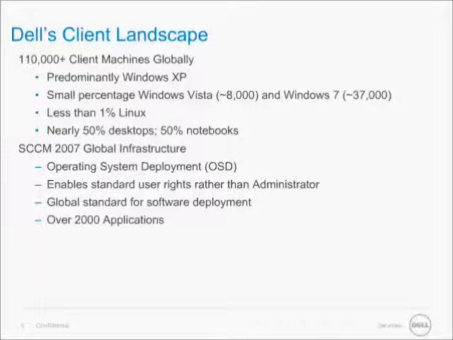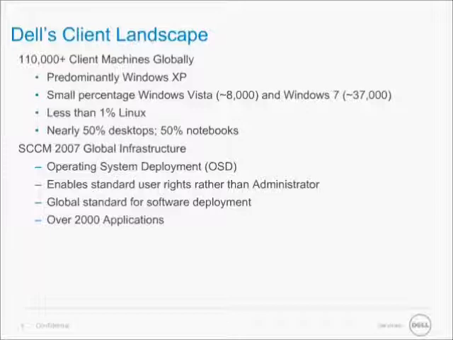And we'll get into the details of that a little bit later. It gives us a dynamic build process, which we've been able to leverage with great success. It also allows us to deploy other things to our end users without them having to be administrators on their machine. And it helps us standardize our software deployment, of which currently is over 2,000 applications.